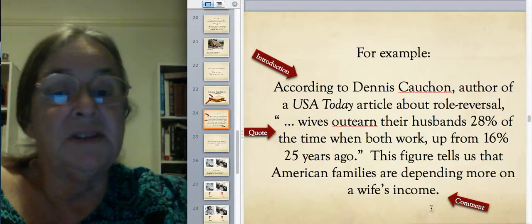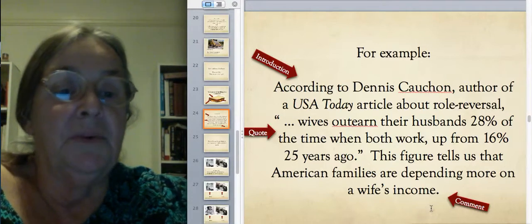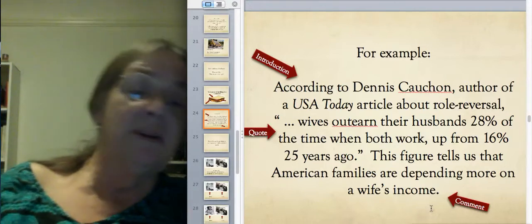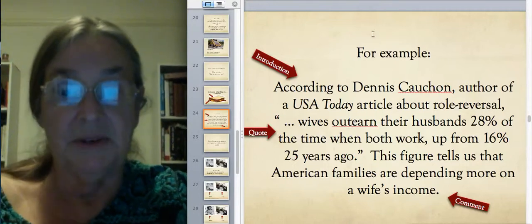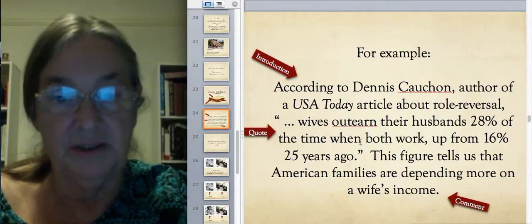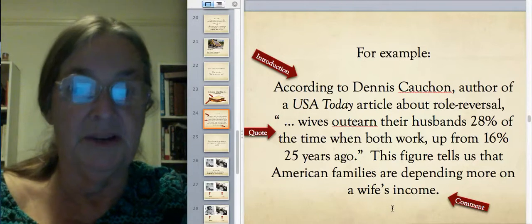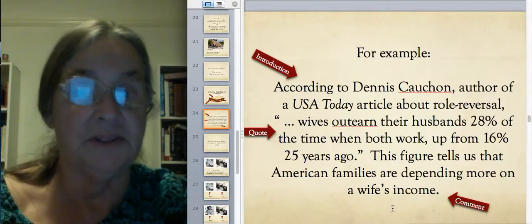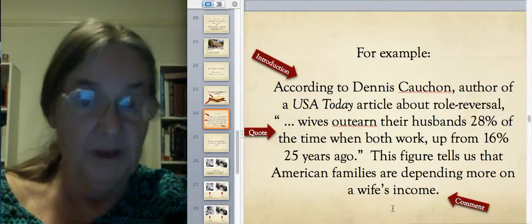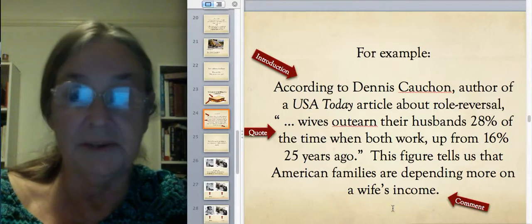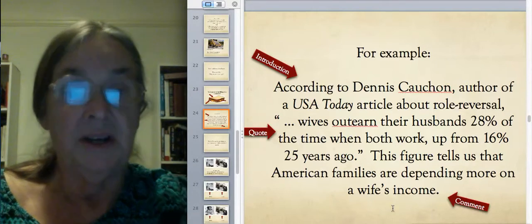This figure tells us that American families are depending more and more on a wife's income. So here's your introduction, here's your quote, and here's your comment on it. And normally that's going to be the structure when you quote something from your research.